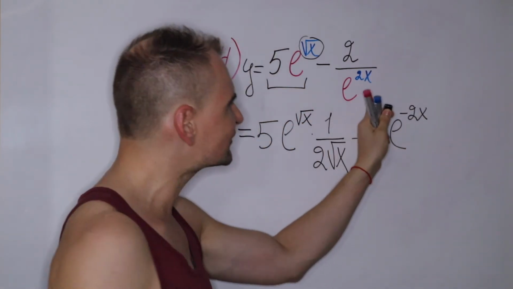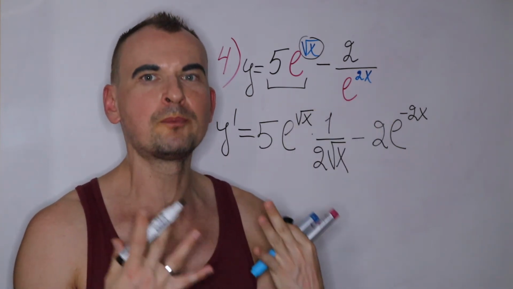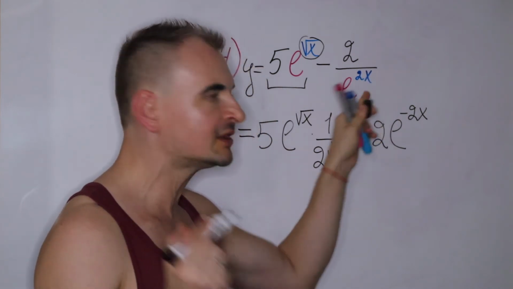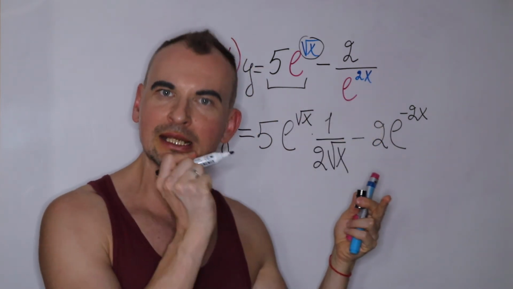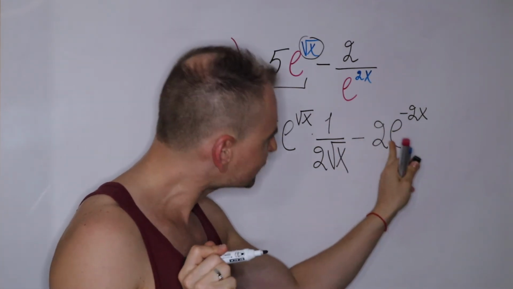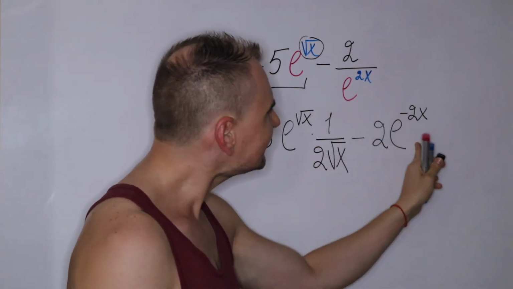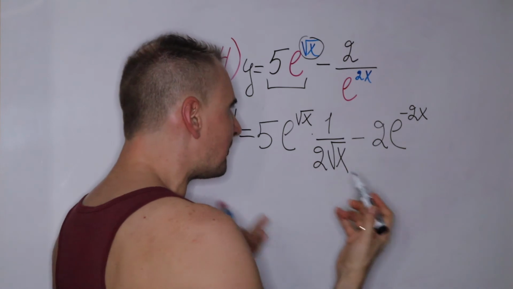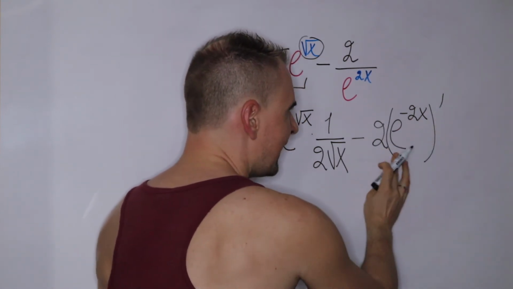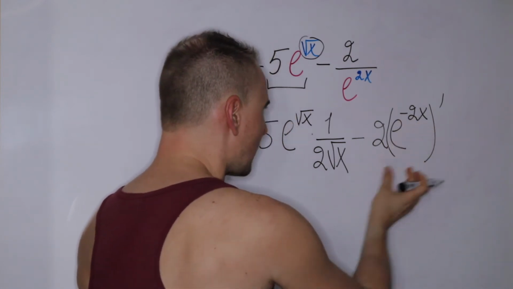It's precisely the same, since recall the power rule properties: since you are given an exponent down in the denominator, if you want to bring it up to the top, you make your power negative. So at this point, we can apply the chain rule. We can find the derivative of this e to the negative 2x.